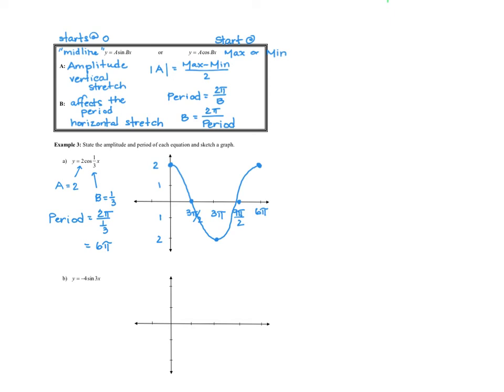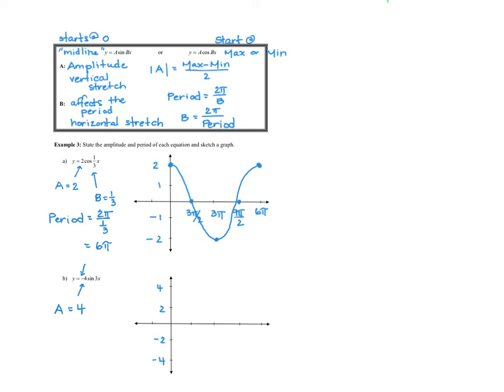Versus the one at the bottom, that's a sine function, the amplitude is 4. So I know it's going to go higher and lower in terms of being, oops, these should have been negative, in terms of being vertically stretched. The negative sign says it's going to be flipped.